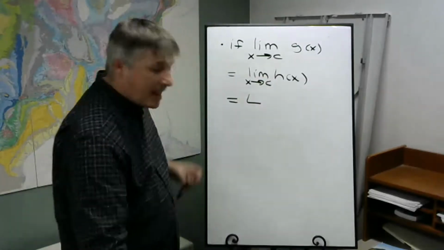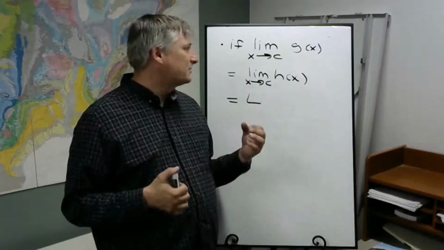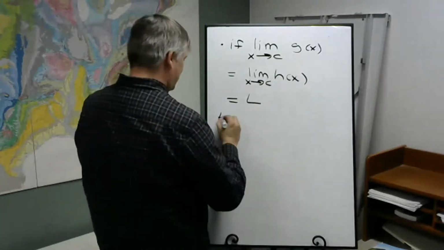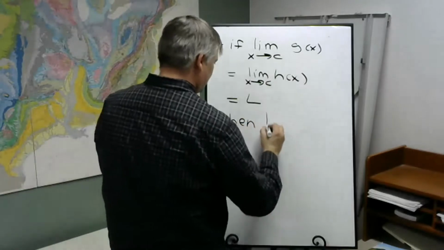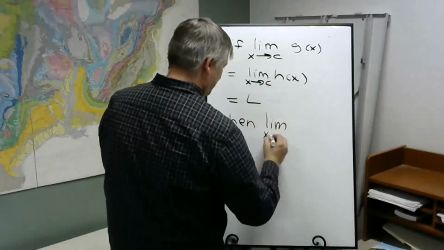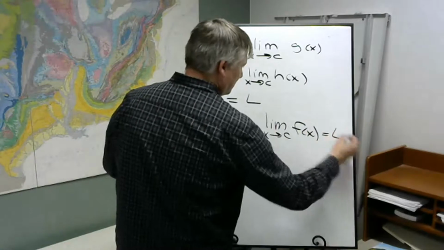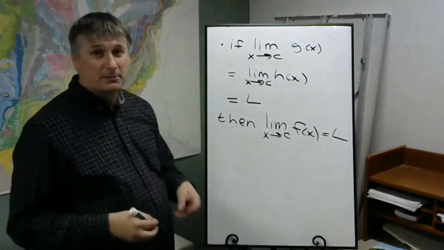If this is the case, and f of x is between these two functions, then the limit as x goes to C of f of x is also going to be L.